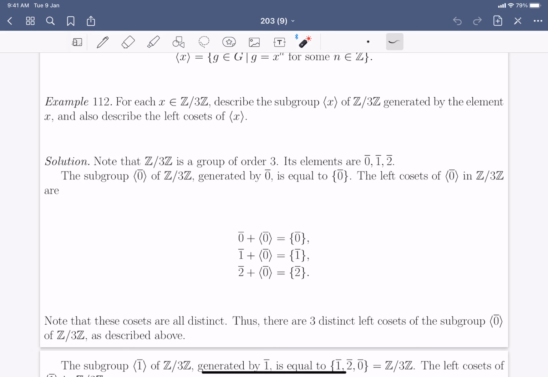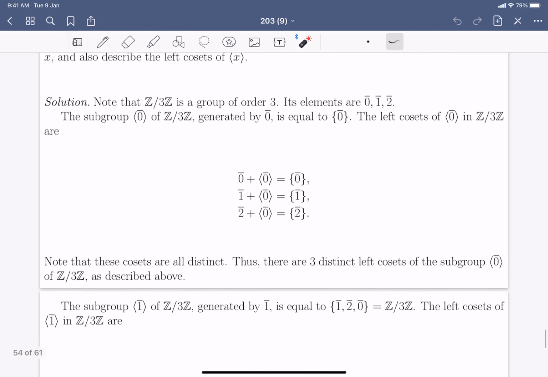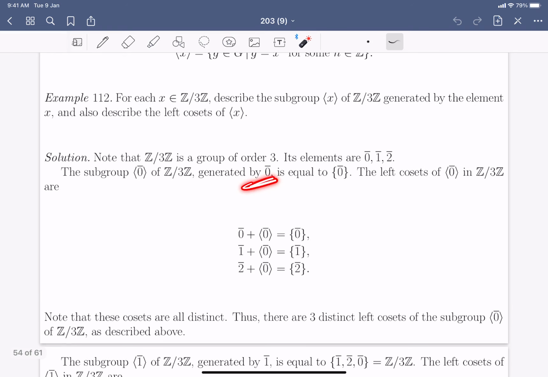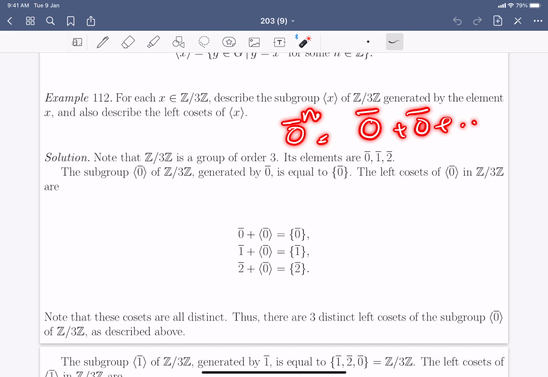So let's note that Z mod 3Z is a group of order 3, so it has exactly 3 elements. Its elements are 0 bar, 1 bar and 2 bar. We can look at the subgroup generated by 0 bar. You have to collect all the powers, 0 bar power n, which is 0 bar added with itself n times when n is positive, and similarly when n is negative.